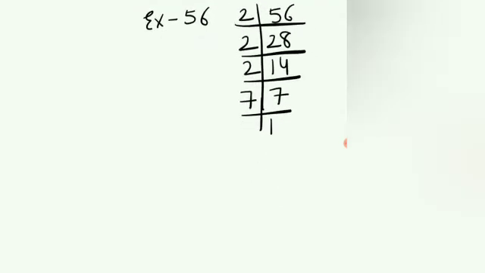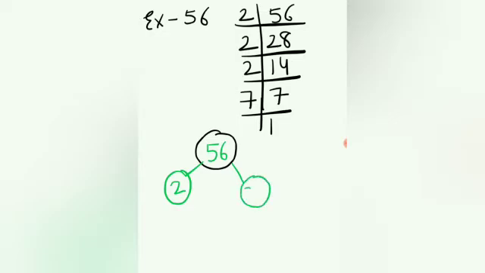Now we will show it diagrammatically. We make a circle here, and we write 56 inside this circle. On the left side of the circle, you write the number by which 56 is divisible, and the quotient you get, 2 28s are.